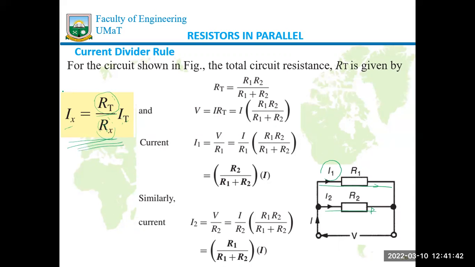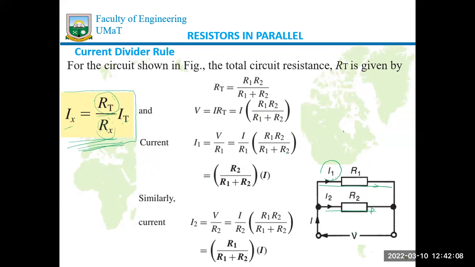It applies everywhere. However, if it becomes difficult for you to use this, there is a simpler way. A simpler way is to look at two resistors at a time. And for the two resistors, if I'm looking for I1, the resistor that should be in my numerator should be the resistor in the other branch.